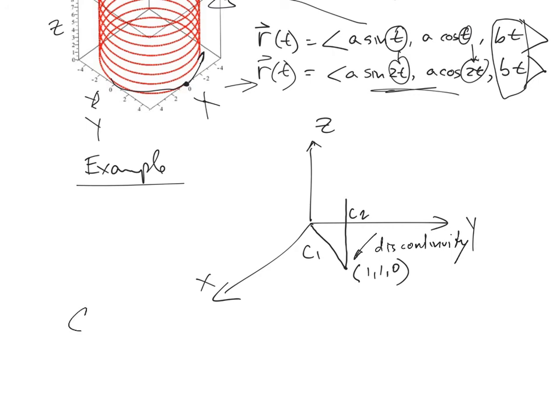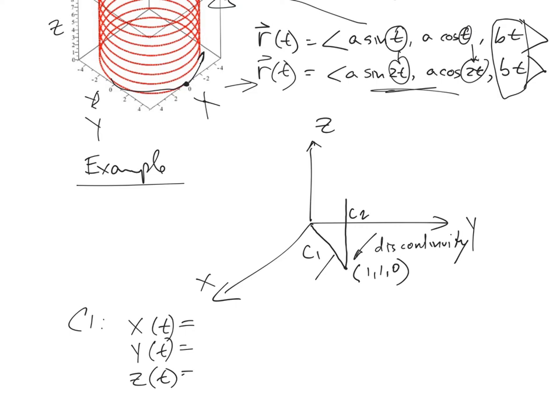So for C1, we want to come up with an x of t. We'll use t as our parameter again, but it could be any letter you want. What is C1? C1 is part of the line in the xy plane. If I ask you, what's the equation of that line C1 in the xy plane?